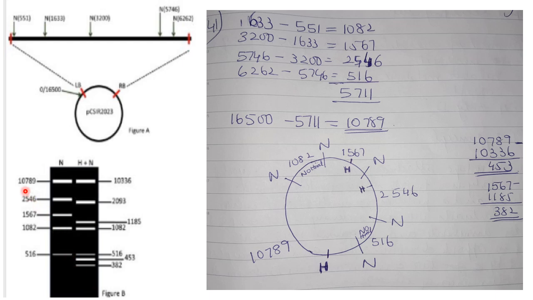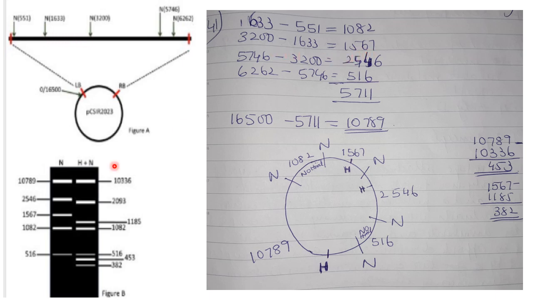Now how did you get these values? So first NCO1 at 551 and 1633. So 1633 minus 551 you will get 1082. So the distance between these two NCO markers is 1082. Now 3200 minus 1633 will give you the distance between these two NCO markers.